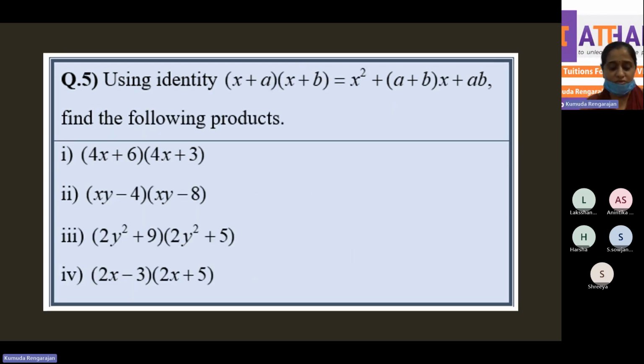Yeah, complete these as homework, children. Shared 4 images.